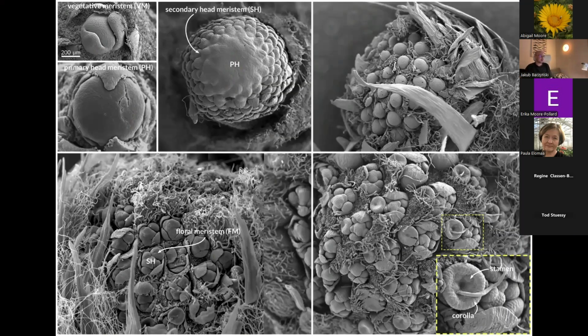So why I think this other type of secondary head is particularly interesting is that when we take a closer look at how these Syncephalia develop, we see that especially in the early stages of development, their ontogeny closely resembles what we see in simple capitula.